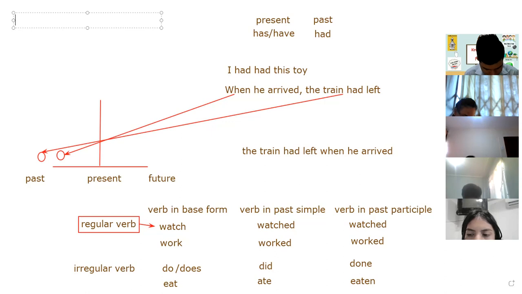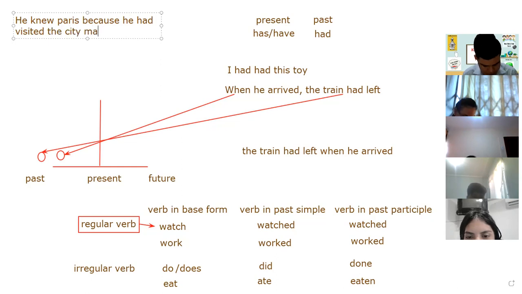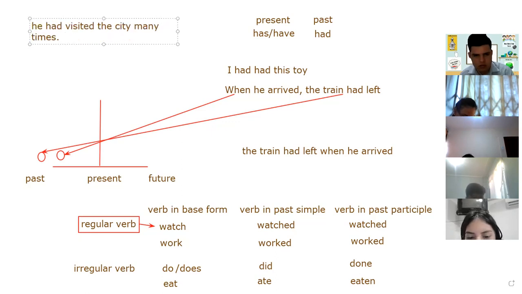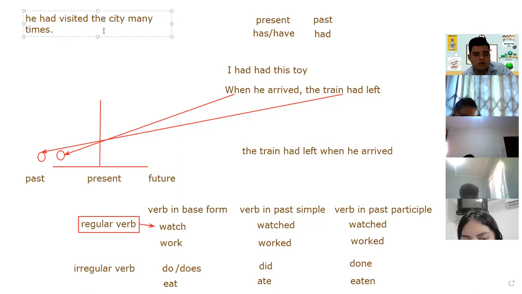He knew Paris because he had visited the city many times. Okay, over here we have: he had visited the city many times. This one is an affirmative, okay?